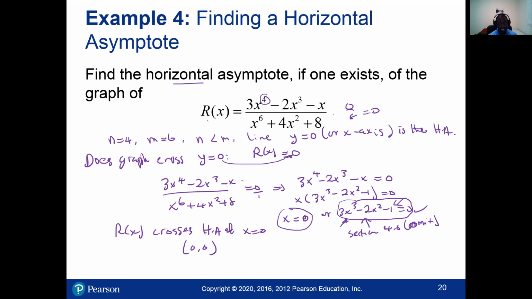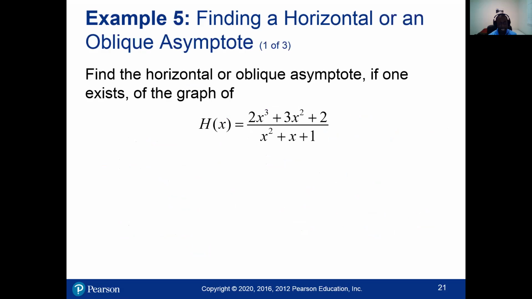Now, another example: find the horizontal asymptote or oblique asymptote, if one exists, of the graph of this function h of x. Look at the degrees. The degree of the numerator is 3 and the degree of the denominator is 2.